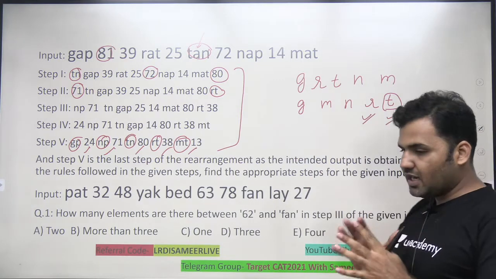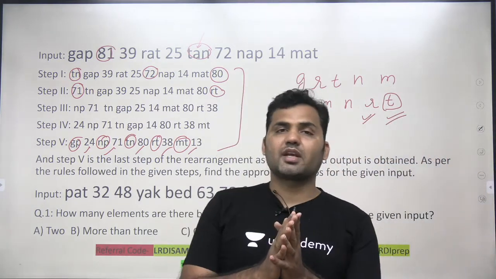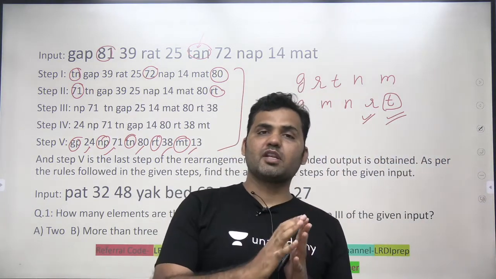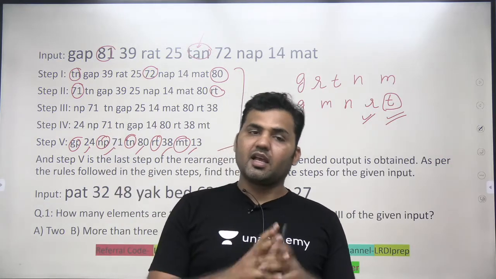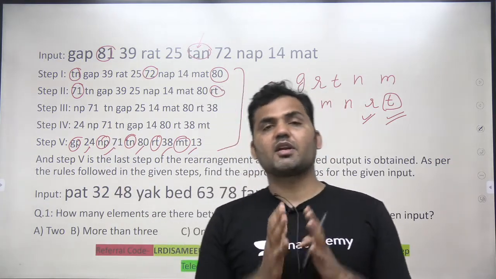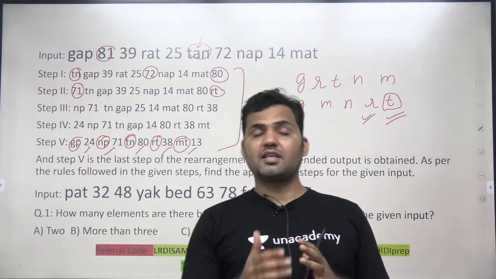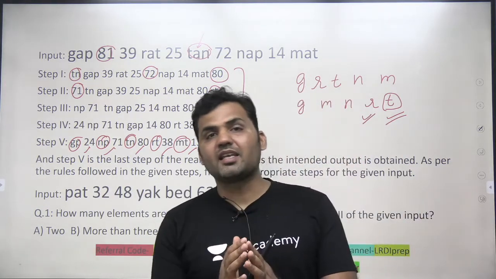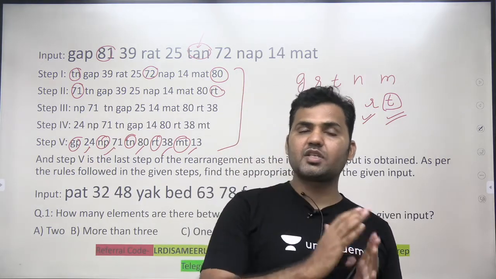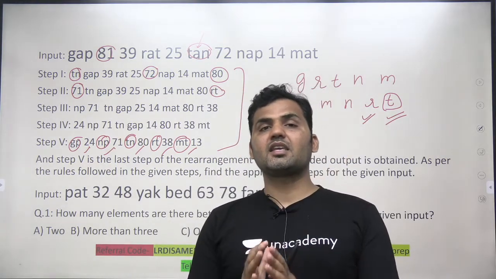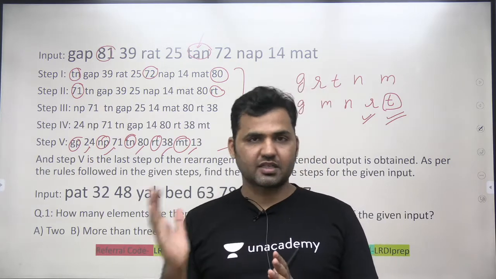I know that in one particular step, the highest number is taken to the right hand side and the largest alphabet is taken to the left hand side. This is step 1. Then in step 2, the second highest number is taken to the left hand side and the second highest alphabet is taken to the right hand side.